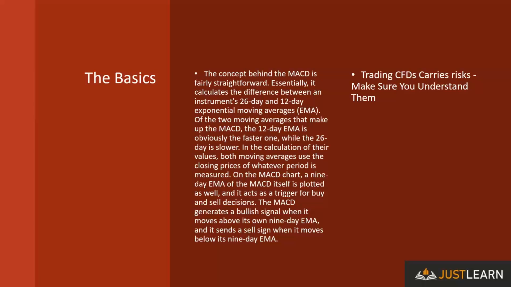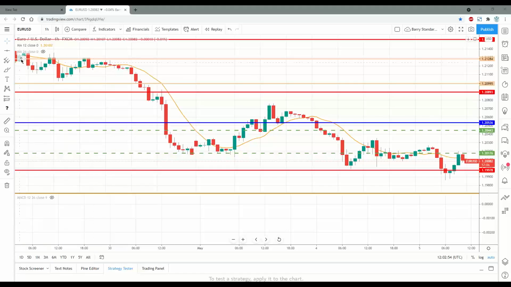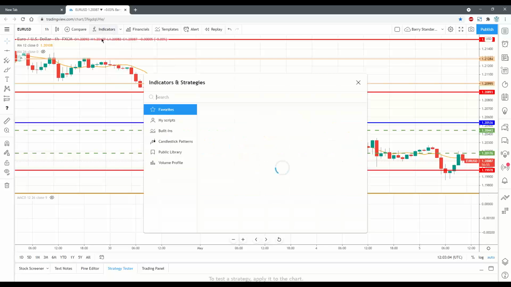Let's go over and try to do this ourselves and see how it works. Let me pop up a live chart here for you. Actually, let's do this correctly, because MACD uses exponential moving averages, or EMAs.